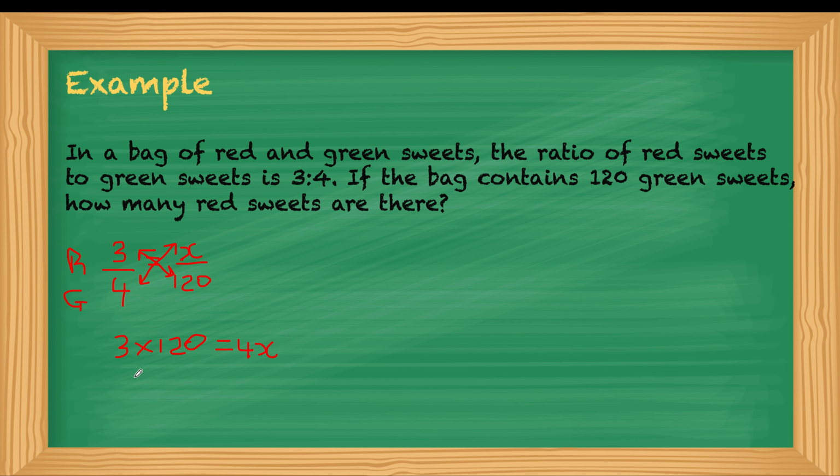Alright, now when we multiply 3 times 120, we will end up with 360 is equal to 4x.